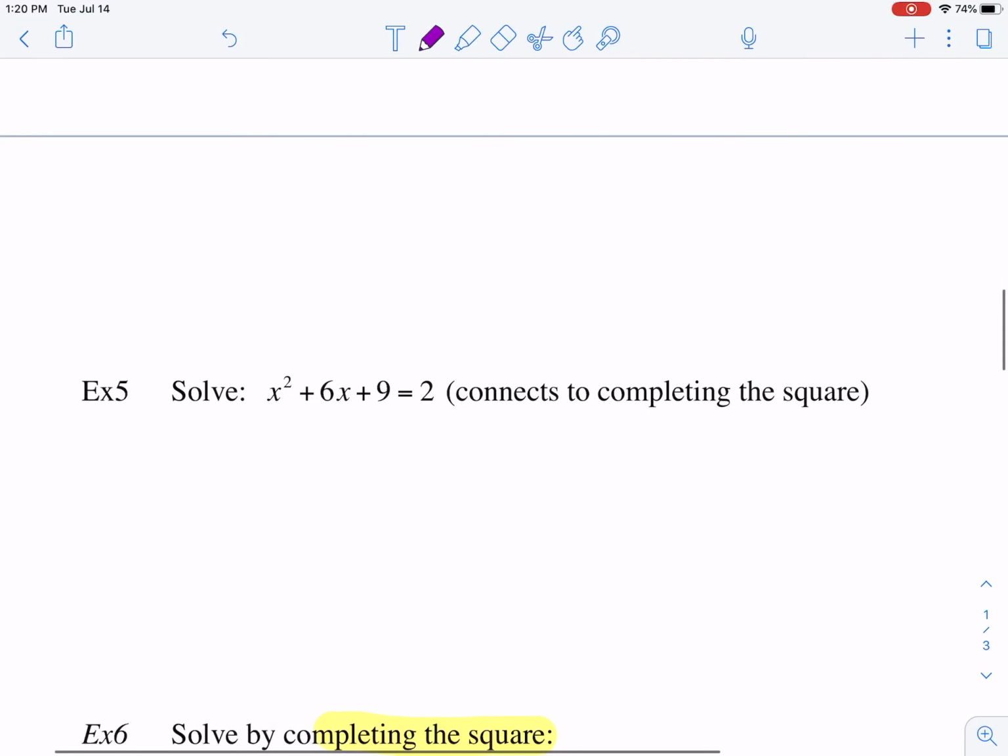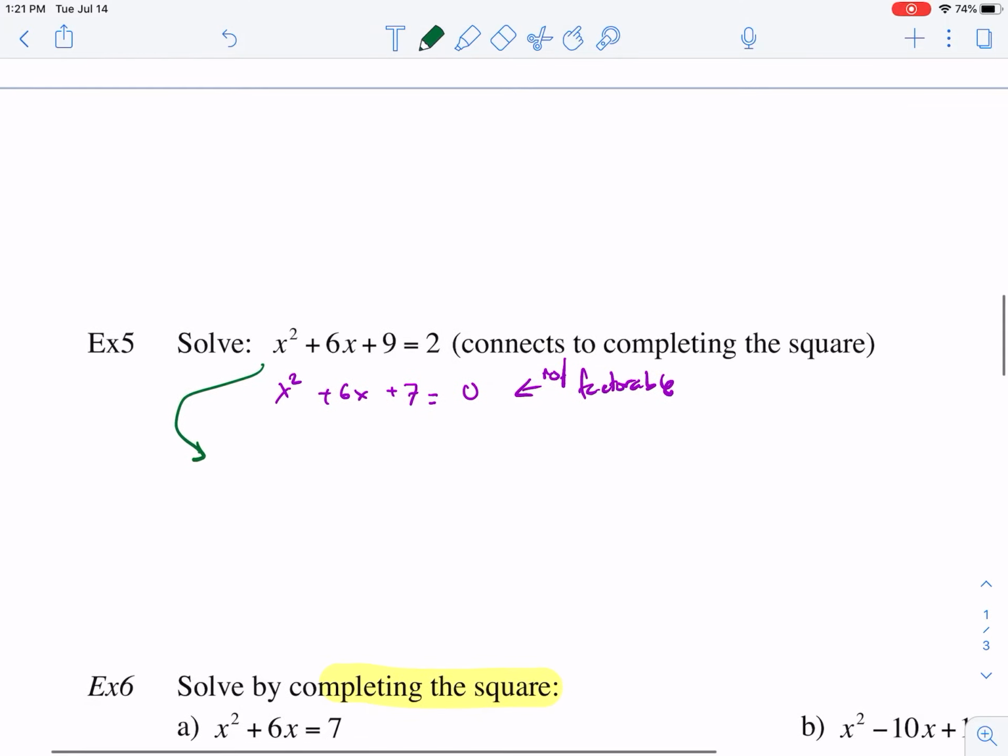Question 5 is another quadratic equation, but for this one, it's not factorable. Or is it? So you have x squared plus 6x plus 7 equals 0. I don't think this one's factorable. 1 and 7 doesn't make 6. So this one's not factorable. What we can do here is use the square root property.